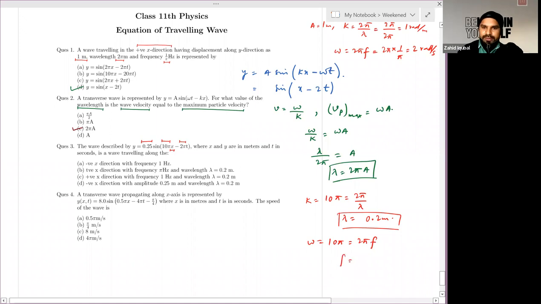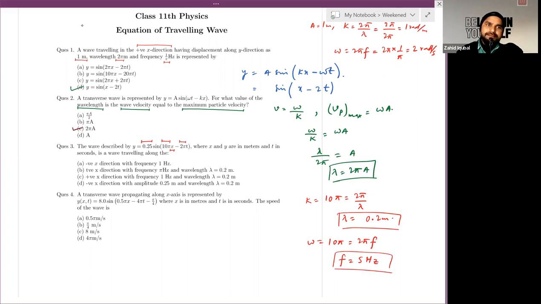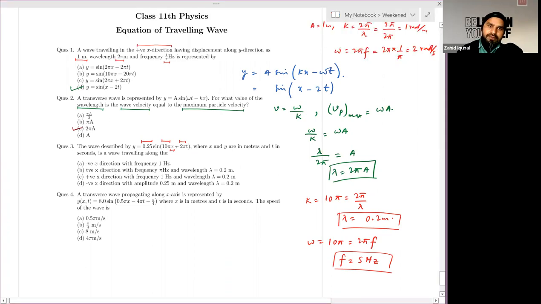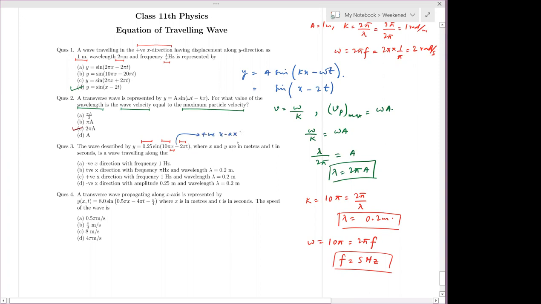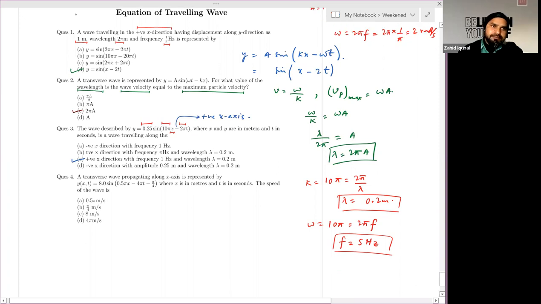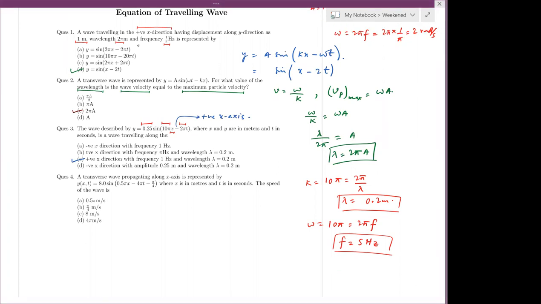So f will be equal to 5 hertz. Mamuna, which option will be correct? A wave which is going towards positive x-axis. Option number C. Good. Matthew, is it clear? Yeah, okay.